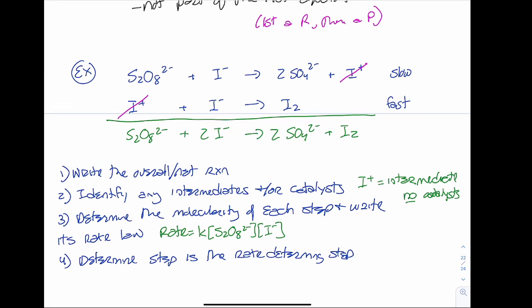This is for my first step. And then for my second step, which is also bimolecular, right, I have I+ and I-. These are going to be both first order, right? They have coefficients of 1. Rate law for my second step.